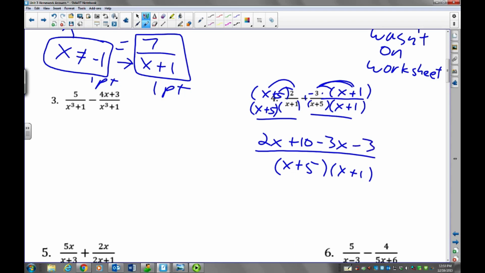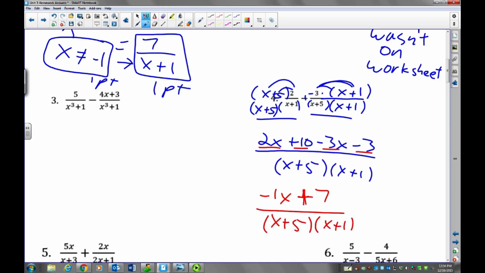Now to finish that off, we're going to add like terms. So the 2x and the negative 3x becomes negative 1x, and then 10 minus 3 is 7. So then we get negative 1x, or negative x, plus 7 all over x plus 5 times x plus 1.